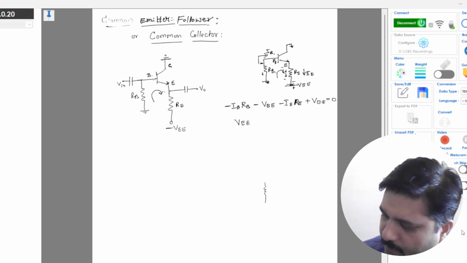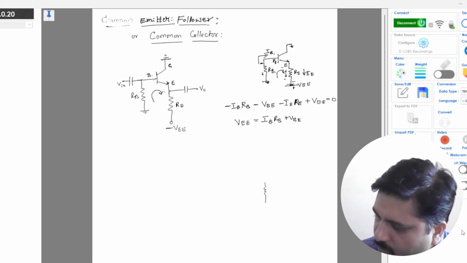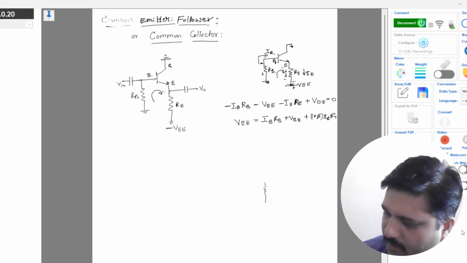So here you are calculating the expression for IB, so hence VEE is equal to IB into RB plus VBE plus IE, which is 1 plus beta times IB, into RE.